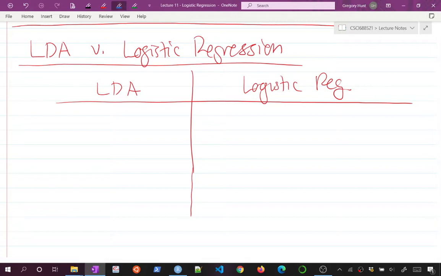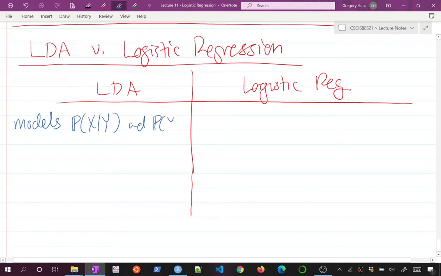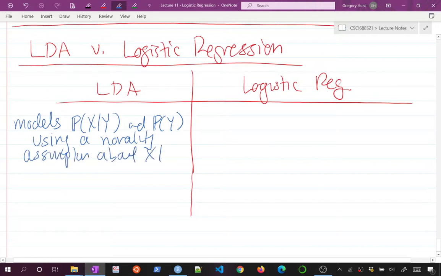So LDA, what does it do? It models, as we said at the beginning, P of x given y and P of y. And the important thing is it uses a normality assumption about x given y. So the first thing is that LDA is making a normality assumption about the class conditional distribution, that given y, x is normally distributed.